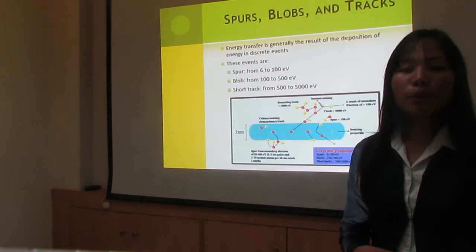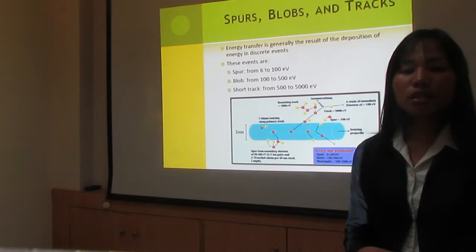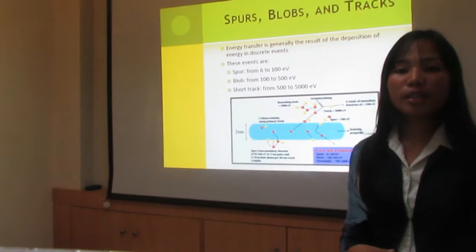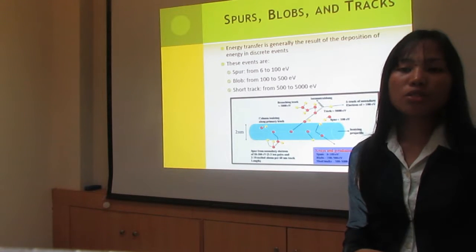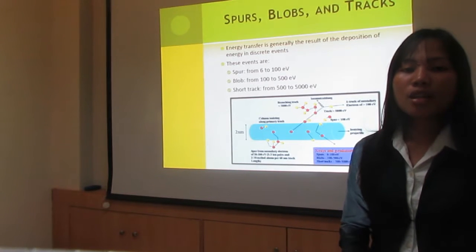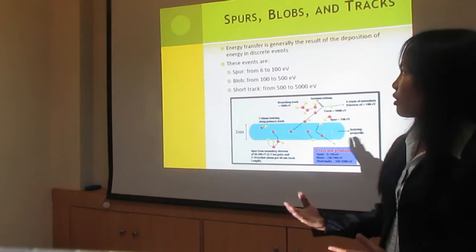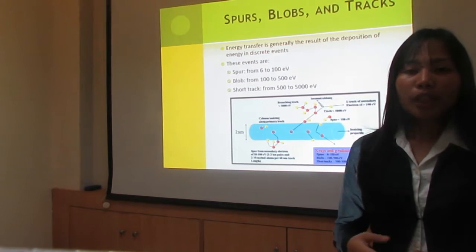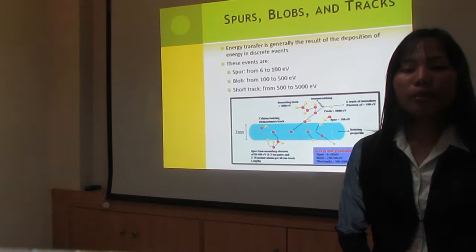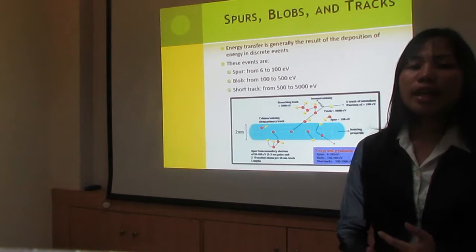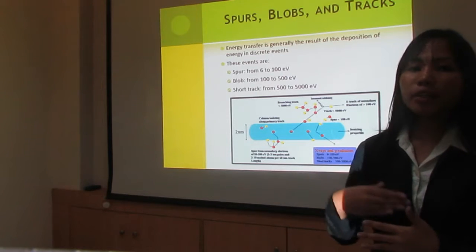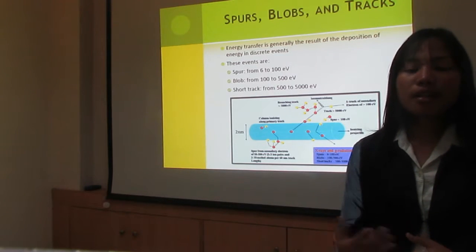For both the primary charged particle and the secondary electrons, this slowing down process is accomplished by transfer of energy to the milieu in a sequence of discrete events. These discrete events are the initial physical events, the pre-chemical reactions and the chemical stage. Later we'll be discussing that.